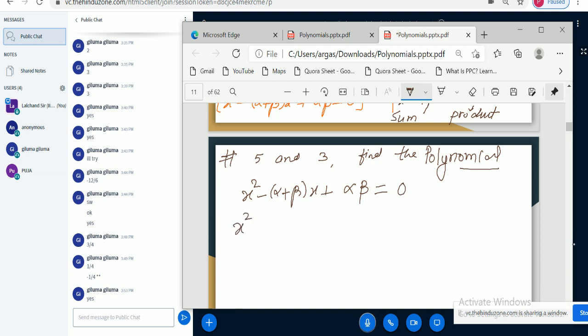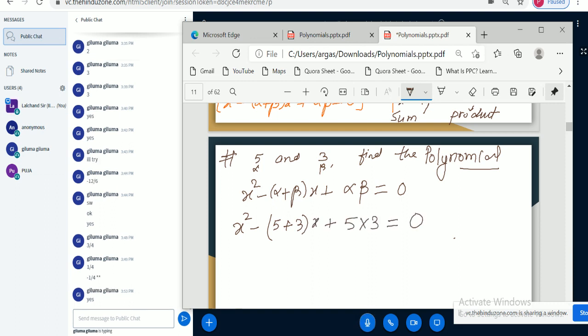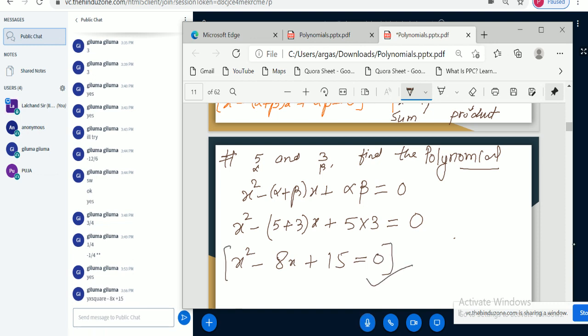Now substituting the values for alpha and beta: (5 plus 3) into x plus 5 into 3 equal to 0. X square minus 8x plus 15 equal to 0. This is our required polynomial. Okay, are you getting this?